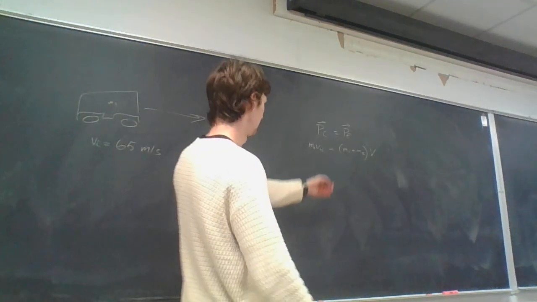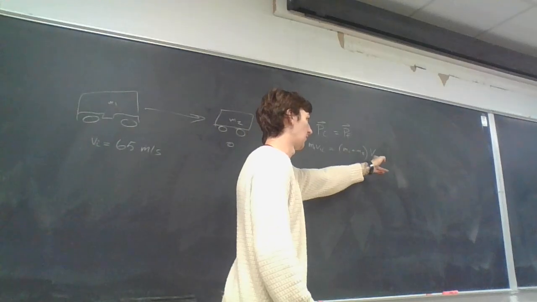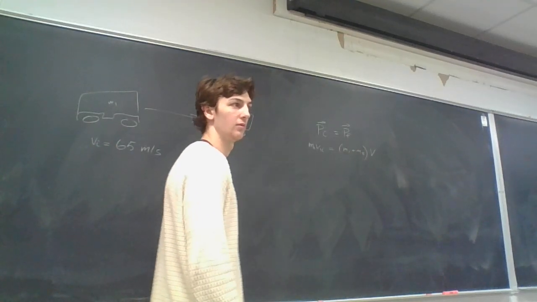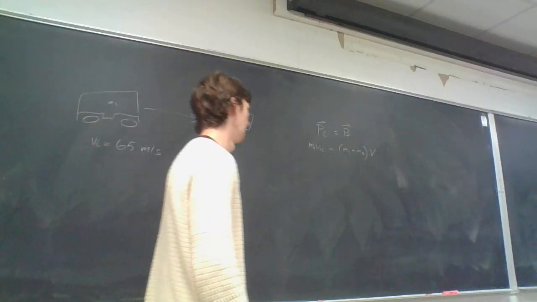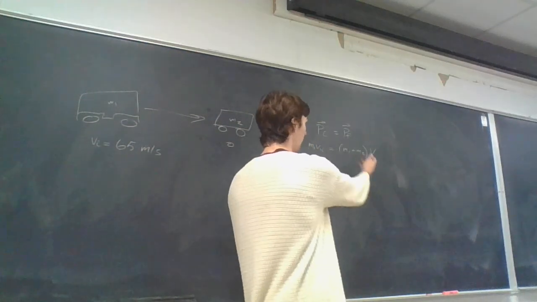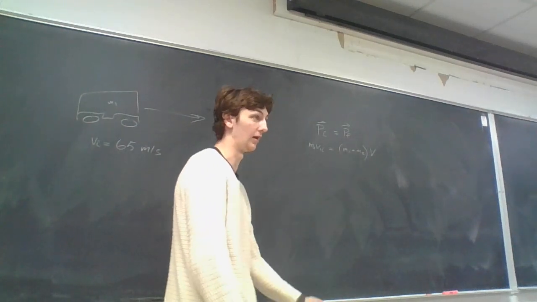Based on what the initial velocity is and these masses, you could solve for the final velocity. They might say, here's the final velocity, figure out what the mass of the second car was. You've got everything you need in this equation to do that.